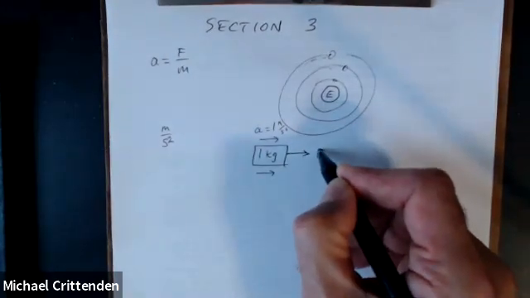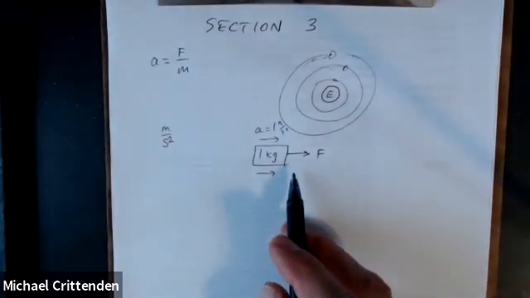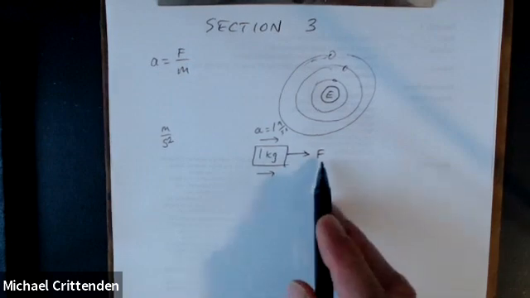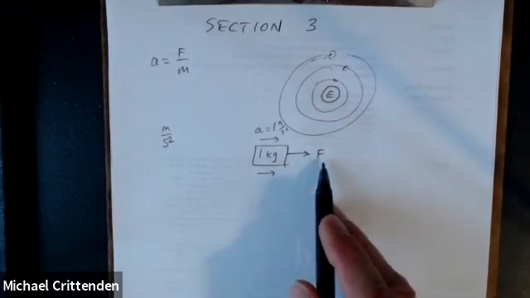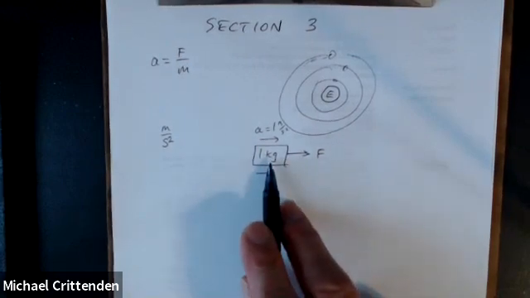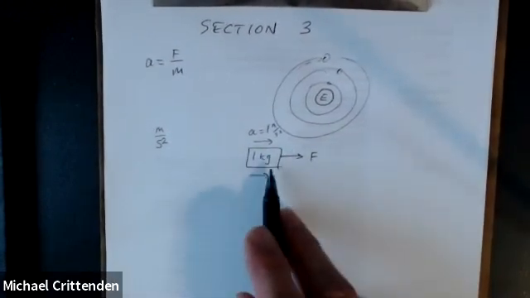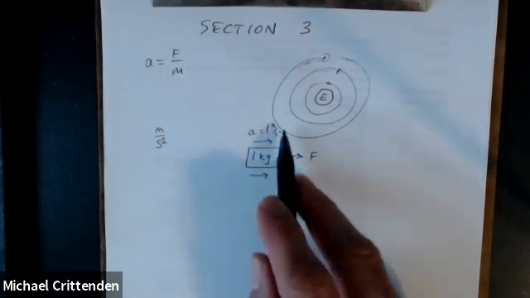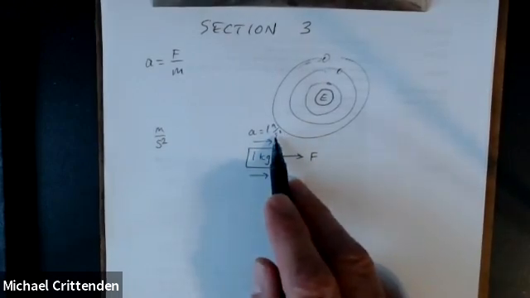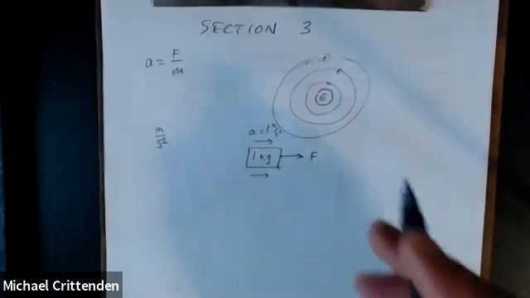It's creating a force F. And the question is, how much force would that be? The SI system defines mass based on a certain experiment. The kilogram is defined now based on measuring Planck's constant. The second is defined, and the meter, I already talked about that. What are we going to use for a unit of force?